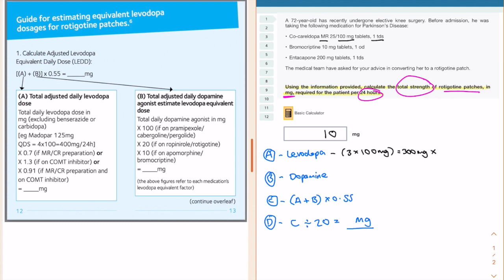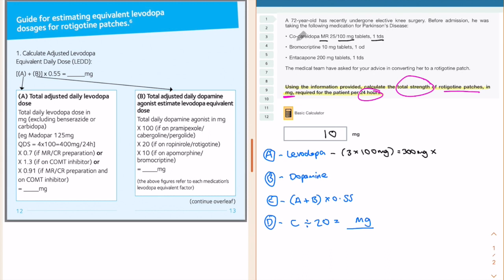Now we need to multiply it by our factor. In the resource pack over here, it tells us that if the patient's on an MR preparation, you times it by 0.7. However, if they're on a COMT inhibitor, you times it by 1.3. But if they're on an MR preparation and a COMT inhibitor, then you just multiply it by 0.91.